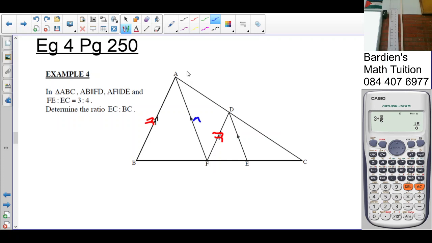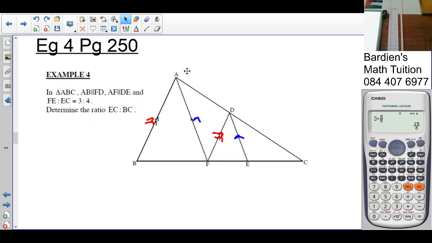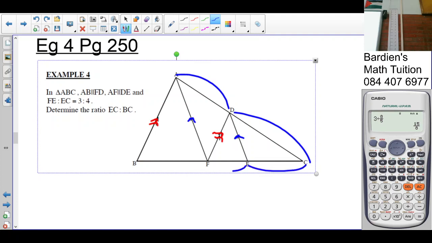So if AF is parallel to DE, then what do we know? We know that DC over DA is equal to CE over EF.